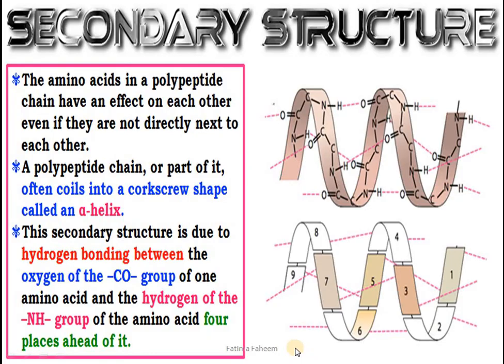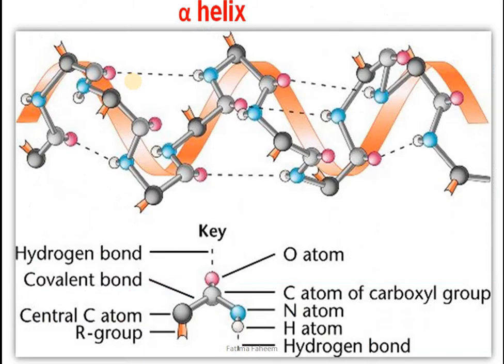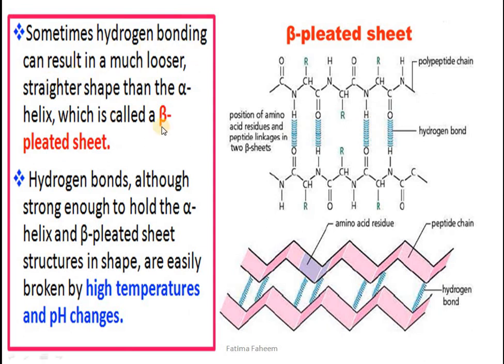Secondary structure also includes another structure. This is the beta pleated sheet.